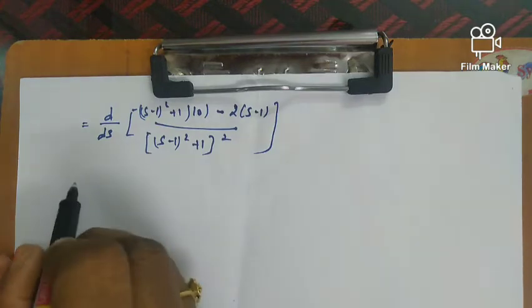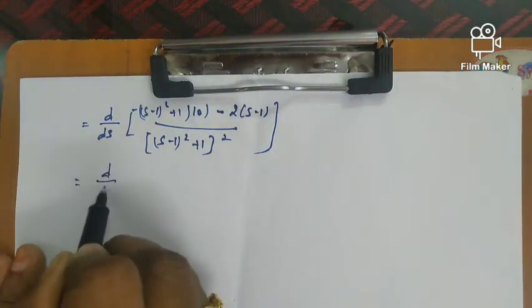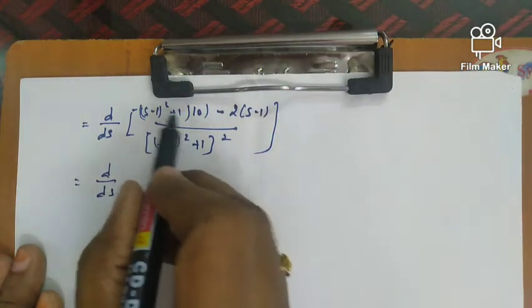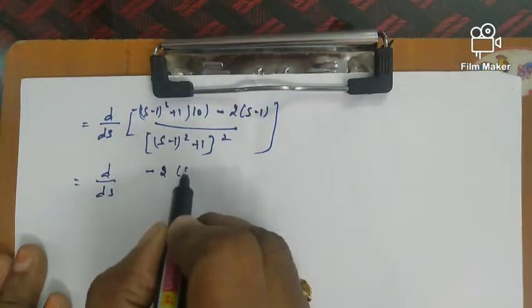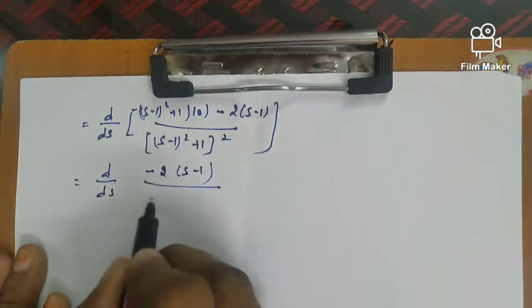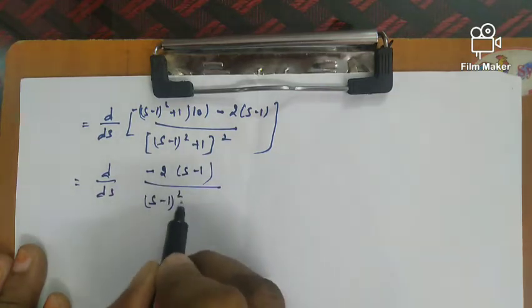That is d by ds of the whole term, 0 into anything will become 0, so minus 2 into (s minus 1) divided by (s minus 1) the whole square plus 1.